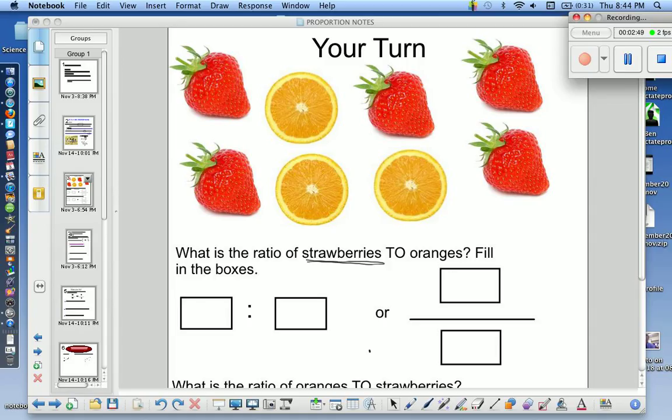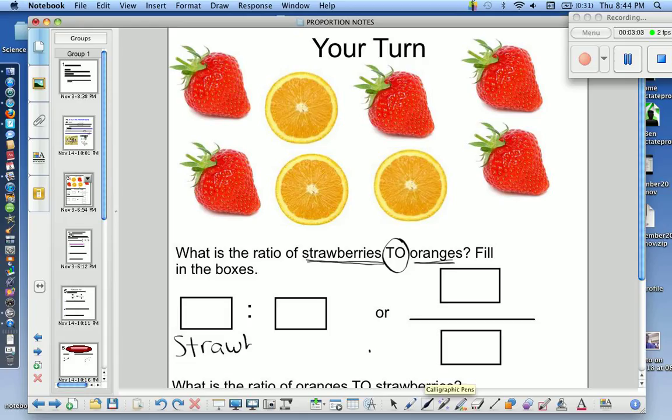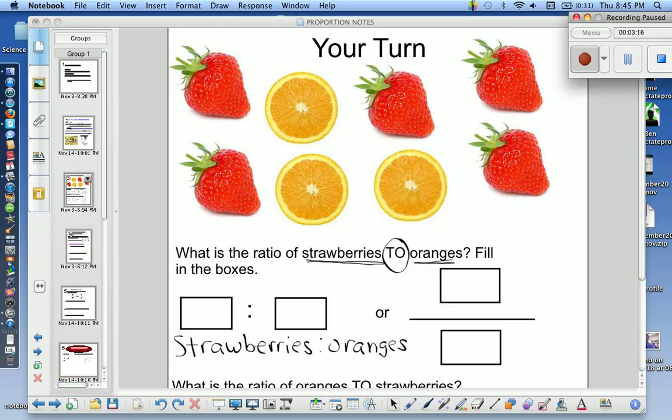Go ahead and circle that word "to." We're comparing the strawberries to the oranges, so go ahead and fill in the boxes and try that now.